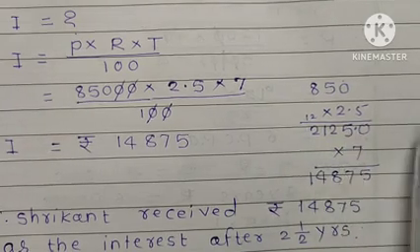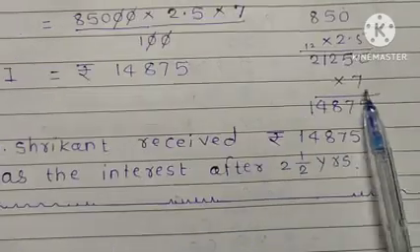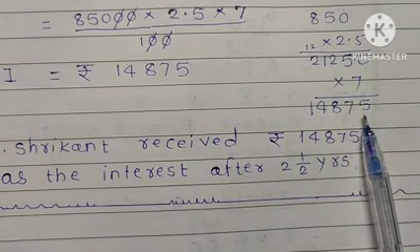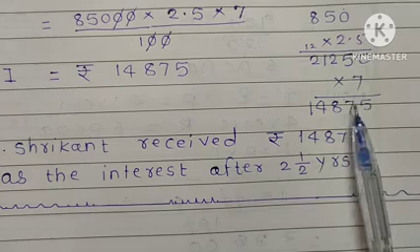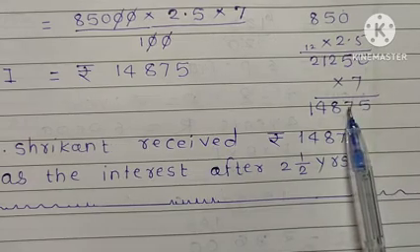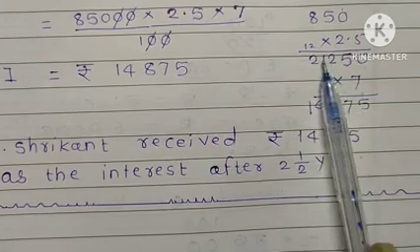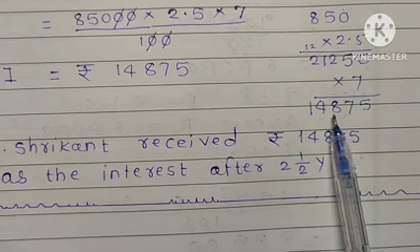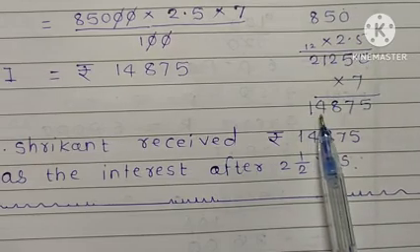2,125 into 7. 7 5s are 35. Carry 3. 7 2s are 14 plus 3, that is 17. Carry 1. 7 1s are 7 plus carry 1, that is 8. Finally 7 2s are 14.